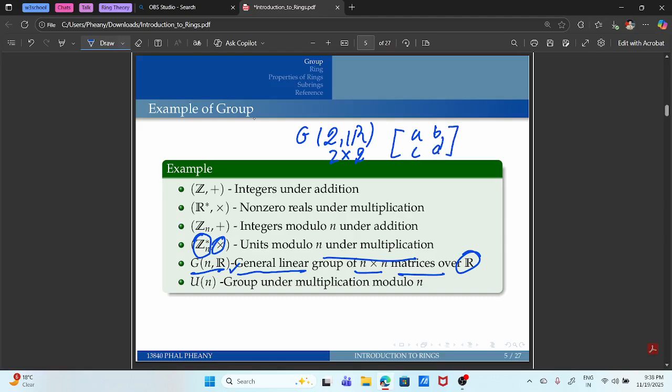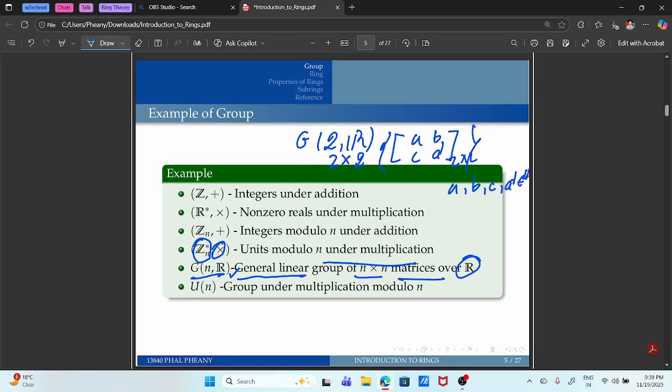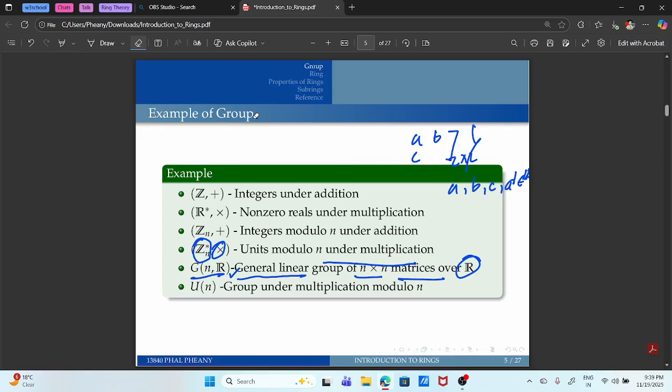This is the set of matrices of this form. This is called the general linear group of 2 cross 2 matrices over real numbers. Okay, now I think maybe you are clear about that.